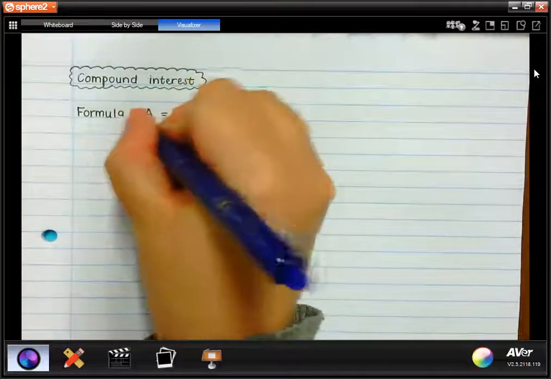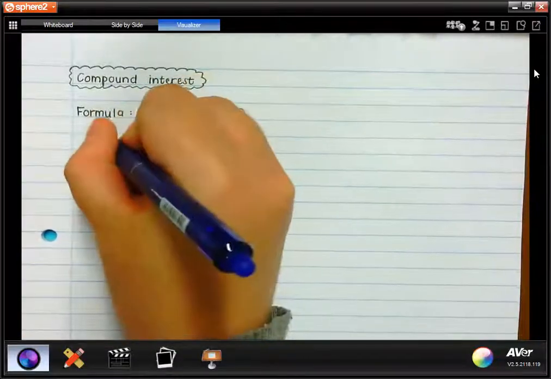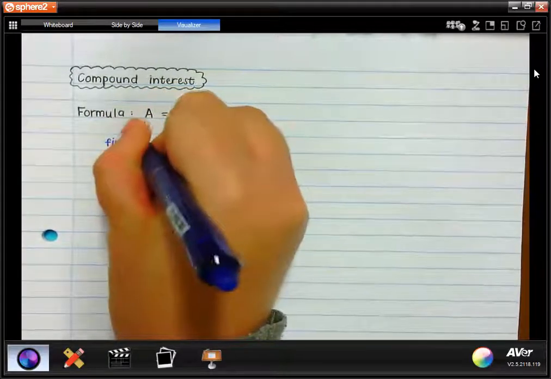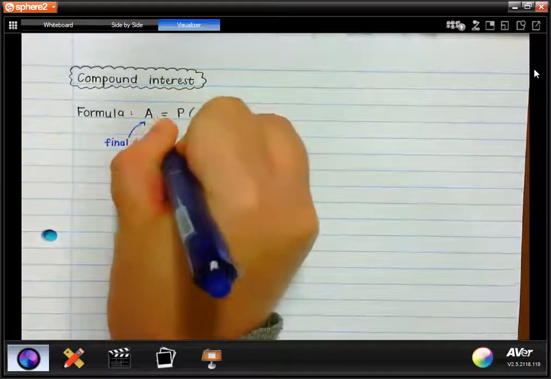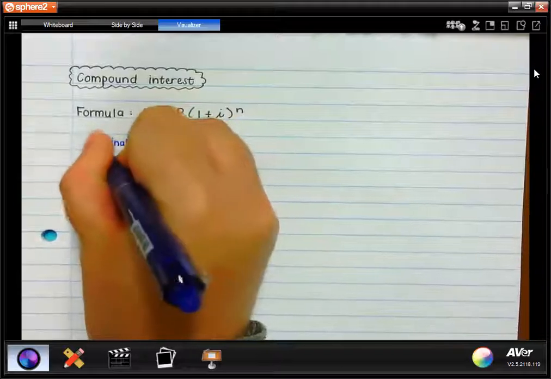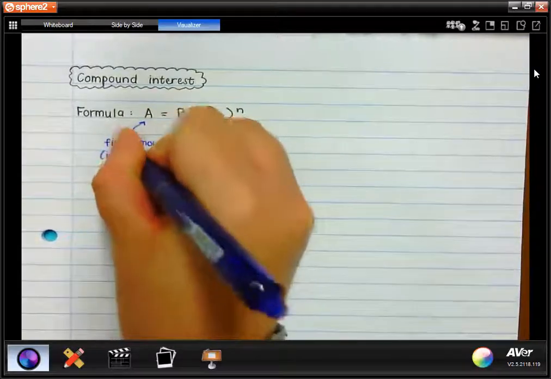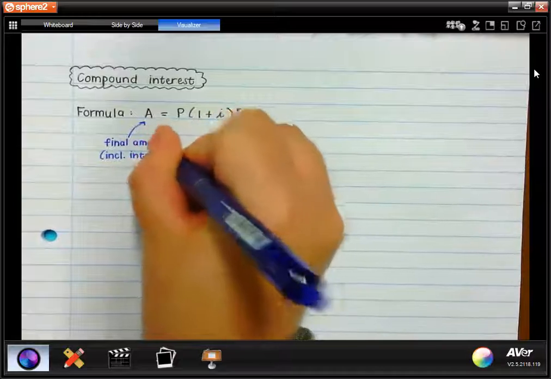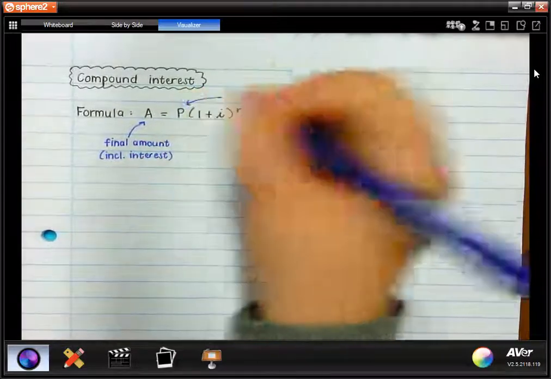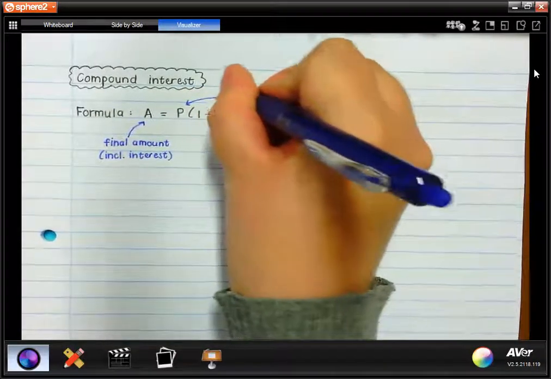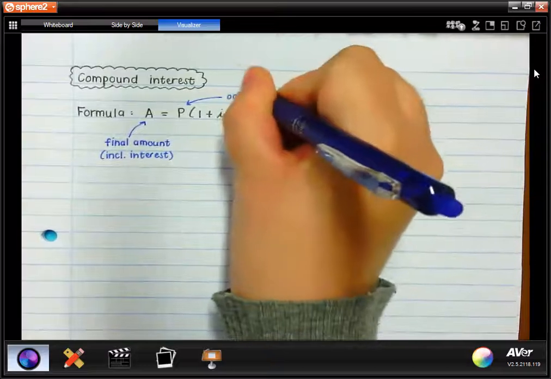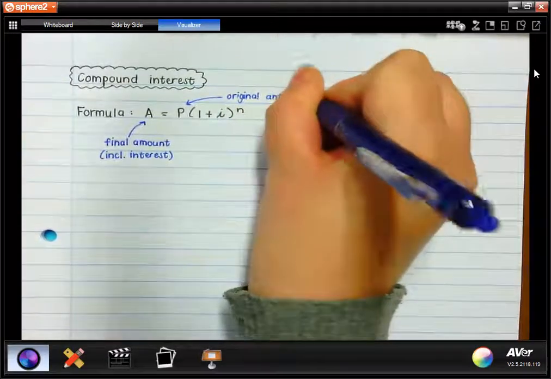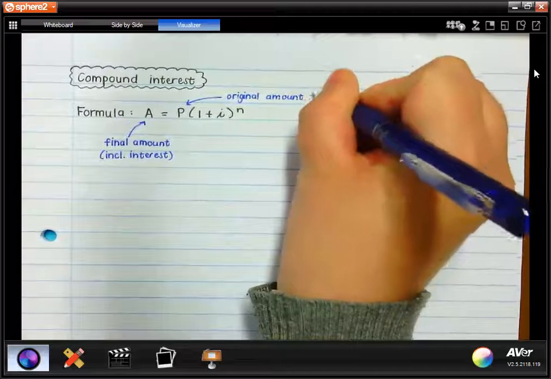All right. So A is still our final amount, which includes interest. P is still the original amount borrowed or invested.